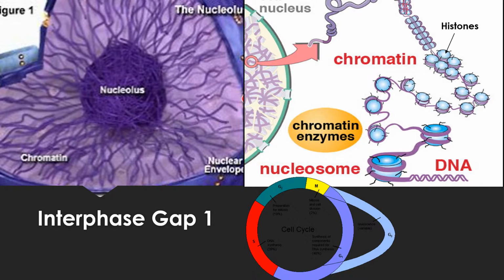The cell begins to grow in size because it's stocking up on proteins and RNA, and this phase makes sure that everything is ready in that cell for DNA synthesis, and the cellular organelles are all being duplicated. So it's preparing the cell to move on through the rest of the cell cycle, and then enter mitosis.